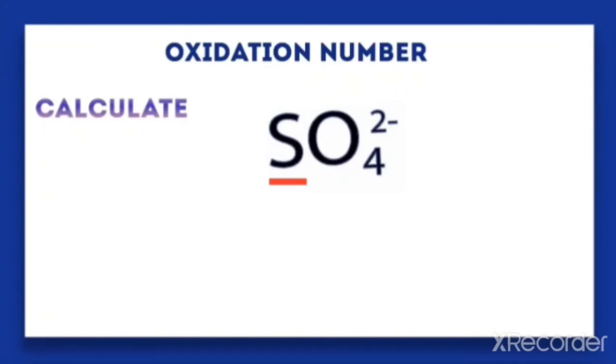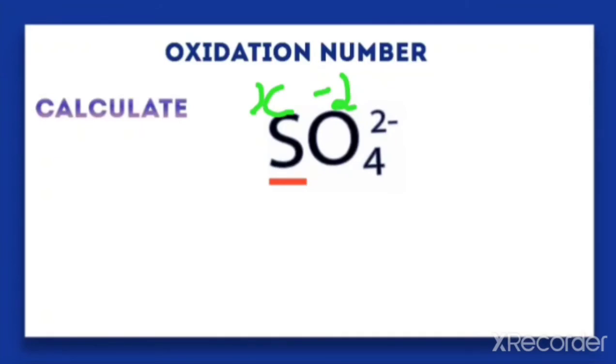I will write once again here. The oxidation state for sulfur in the sulfate ion is taken as X, and we know that oxygen is in the oxide state, therefore the oxidation number for O is -2.